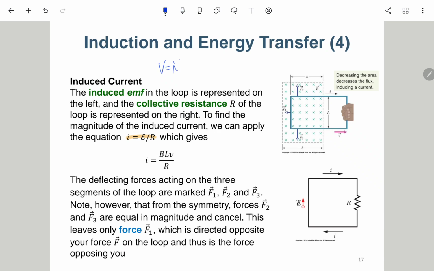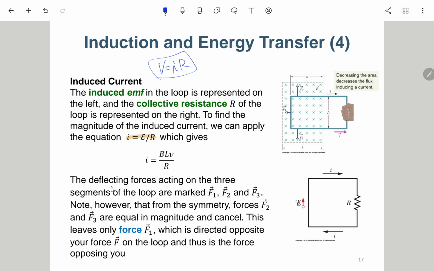Last week I mentioned that you can consider an EMF similar to a potential difference, and this is one of the examples. So here we use E equals IR. In the previous page we already know that E is BLv, so this I is BLv over R.